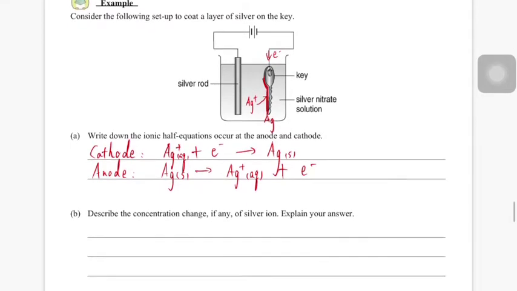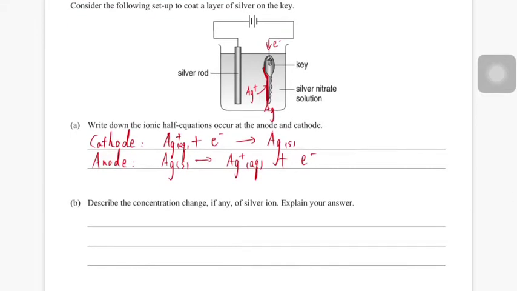For part B, describe the concentration change, if any, of silver ions in the electrolyte and explain your answer. As I mentioned, although we are constantly removing silver ions from the electrolyte to plate silver on the key surface, we are also constantly having silver on the silver rod lose electrons and replace those silver ions in the electrolyte.